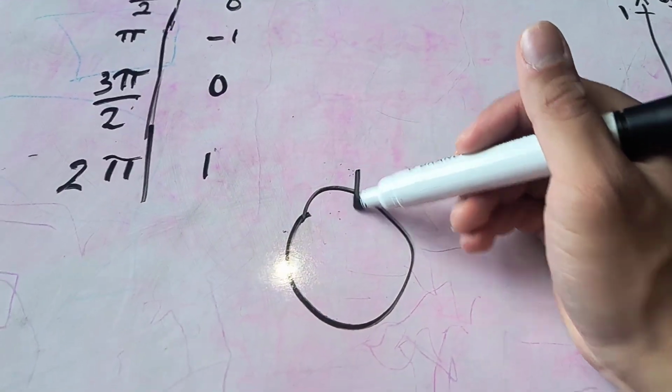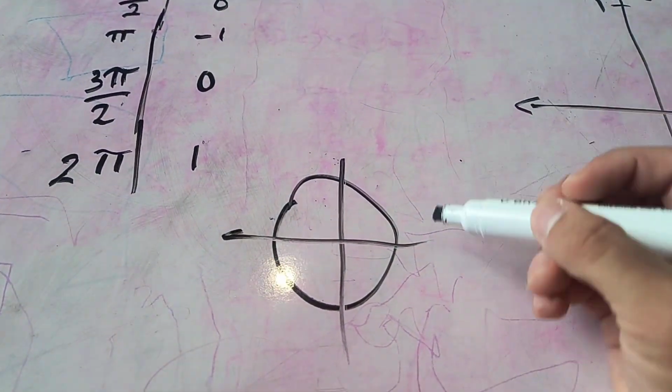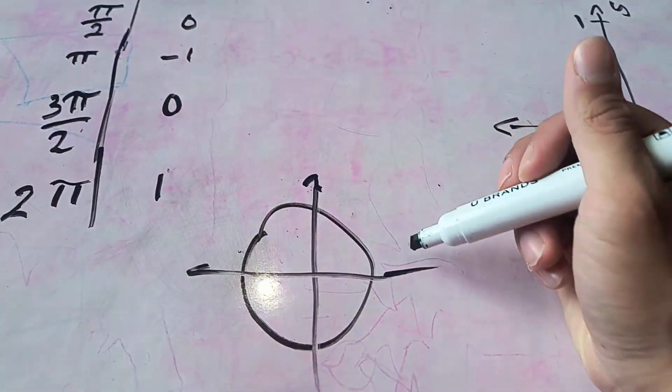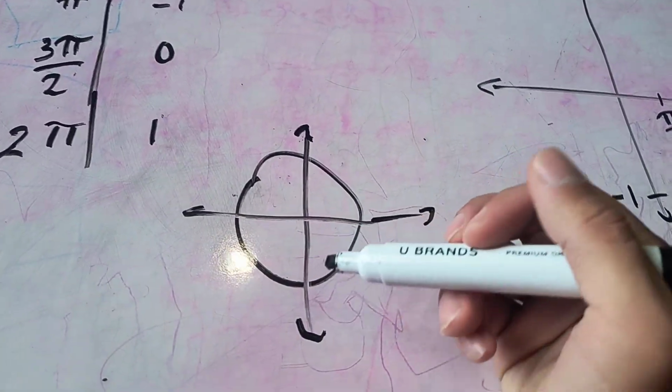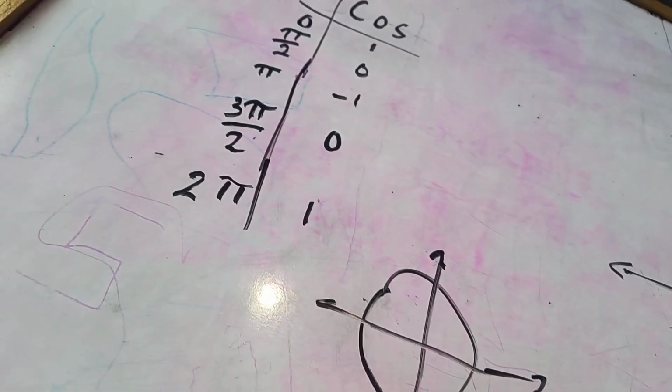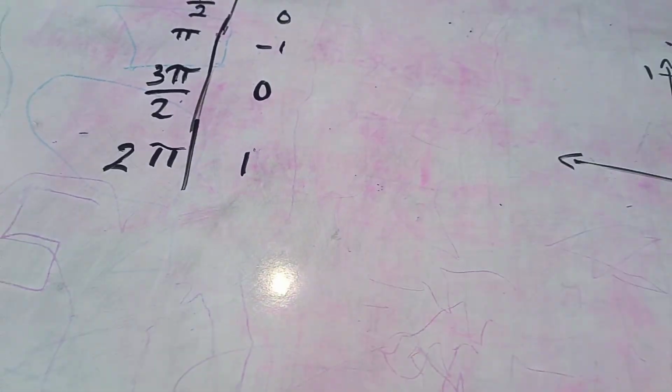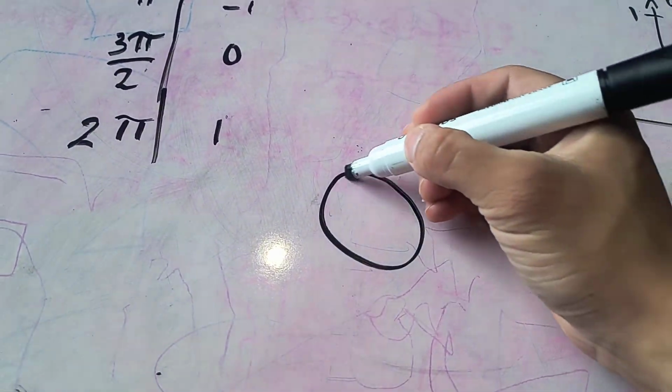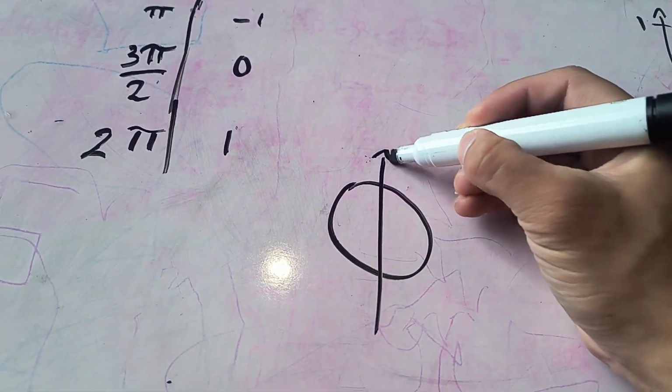So if we have a unit circle, pretend this is a perfect circle where the radius is 1, because that's what a unit circle is. The radius is 1.